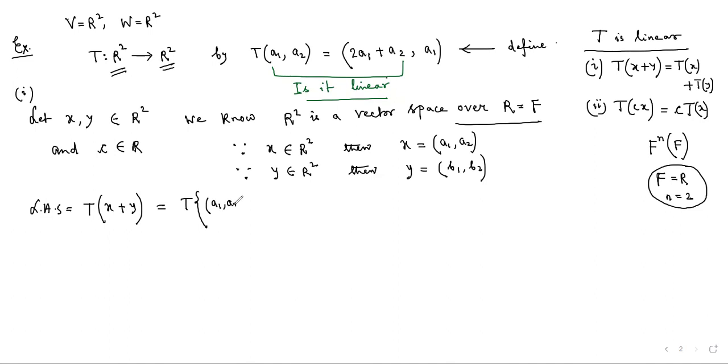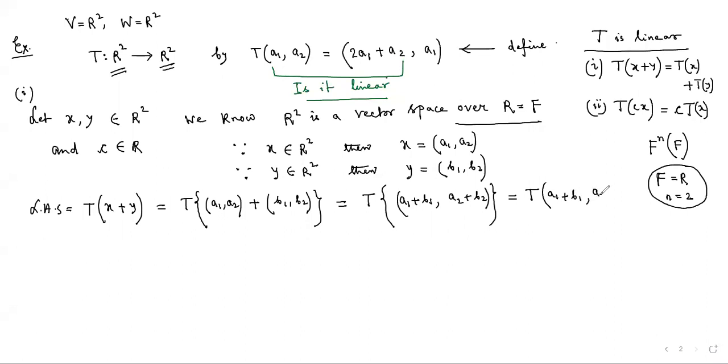So X is A1 comma A2, and Y will be B1 comma B2, and this is nothing but equal to T of A1 plus B1, and A2 plus B2. Too many brackets are there, so you can remove the outside braces and simply write it as T of A1 plus B1 comma A2 plus B2. Okay, so this is the thing that we have obtained by calculating T of X plus Y.